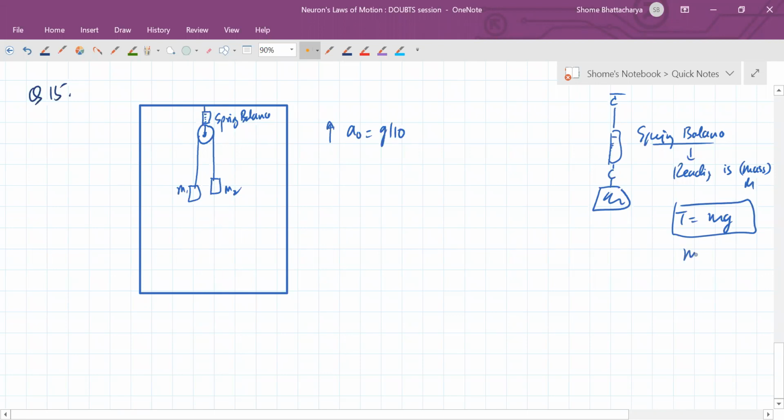So it gives you the reading as the tension divided by the value of g. Okay, and the tension equivalent. So this is the normal functioning of a spring balance. Here we are putting it on a pulley. Okay, so it will actually read 2T. So the concept of spring balance is clear.